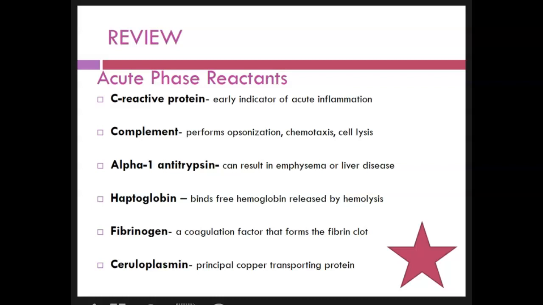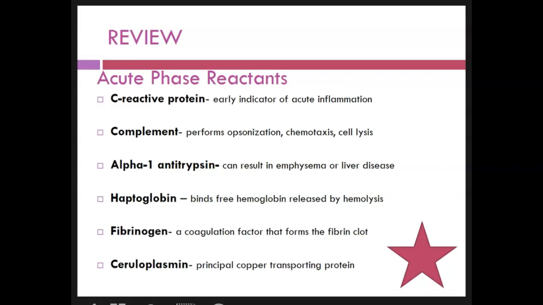The point of acute phase reactants is that they are nonspecific. So for example, if you have a positive or elevated C-reactive protein or erythrocyte sedimentation rate, that's not going to tell anybody if you're having a heart attack or not. It's just going to say that you have general inflammation and that you have some type of immune process going on in your body.